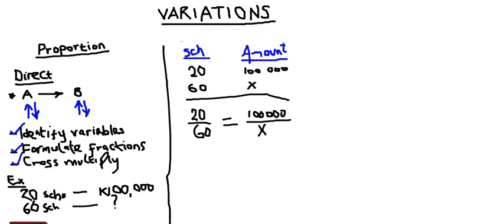Okay, so that's what we need to simplify, and in the third step, after forming the equation of fractions, we cross multiply. So when we cross multiply, we have 20 times x is 20x equals 100,000 times 60, we get 6 million. Solving that equation simply means you divide both sides by the coefficient 20.